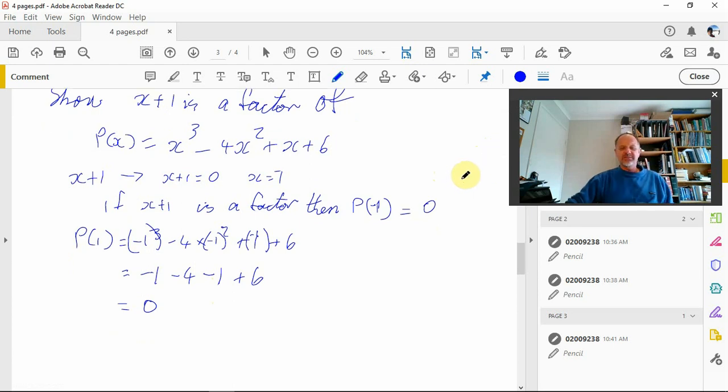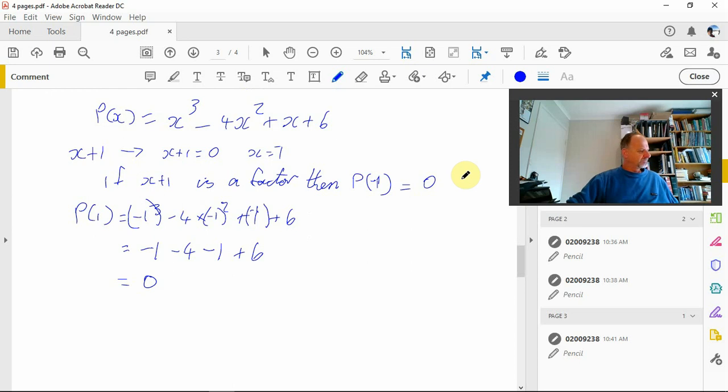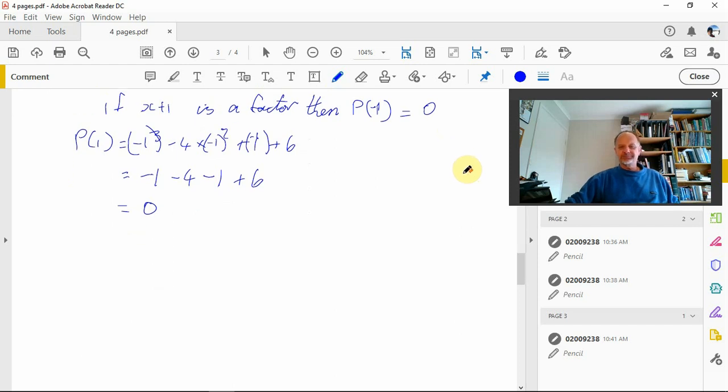So if we take that a little bit further, say, I want to now factorise. So if we continue with that, we can then use this to help us factorise, which is the whole point of the thing.